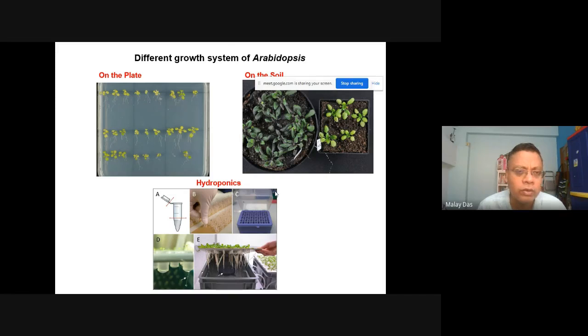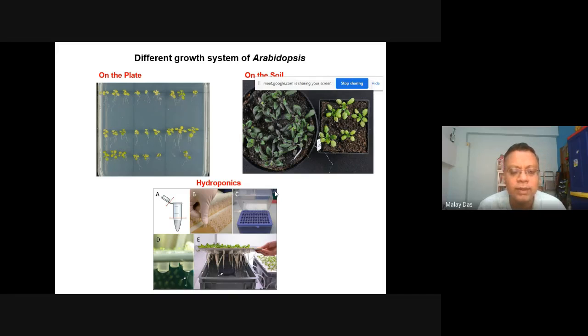Now, the question might be asked why researchers need so many different growth systems to study this plant. Well, different researchers have different types of objectives when they are designing their experiments, so they need to grow the plant under different growth systems.